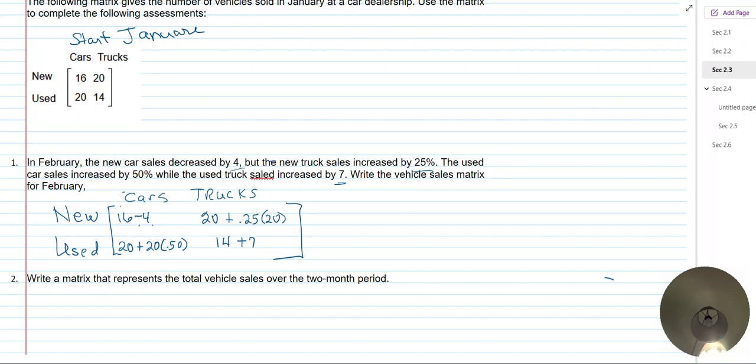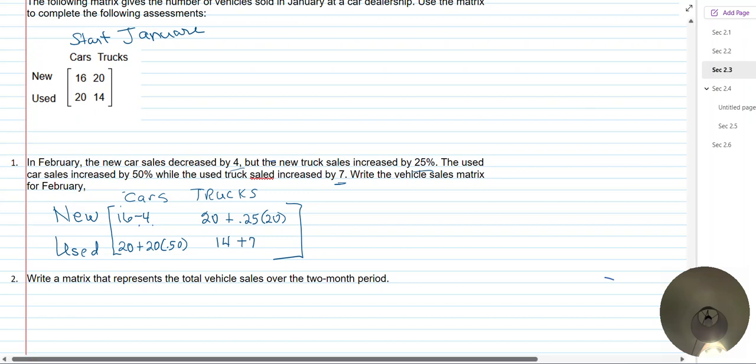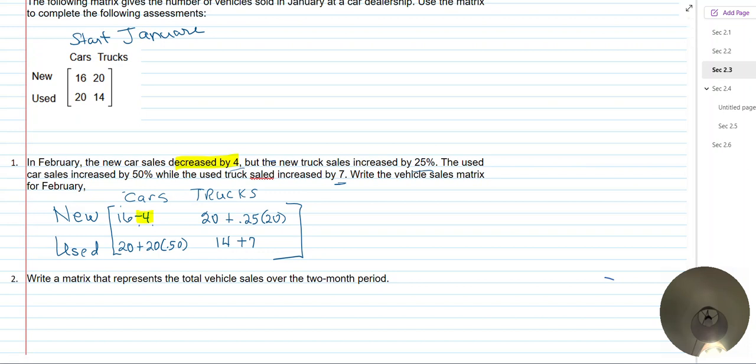In the new cars, we had decreased by 4, minus 4. And then we had sales increase, that's plus 25% of that number. Then on the second line, it said used car sales increased by 50%.